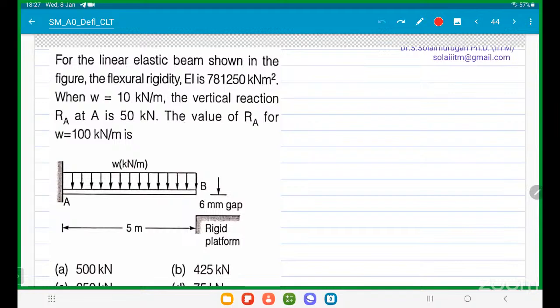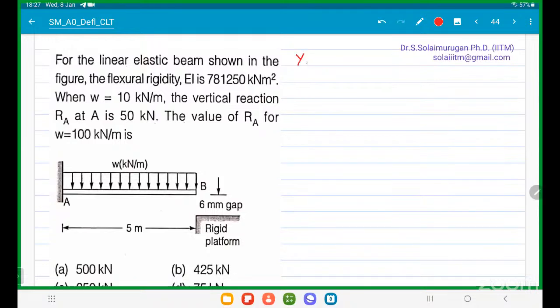That we will calculate. Downward deflection at UDL minus upward deflection at B due to reaction equal to gap. Correct?